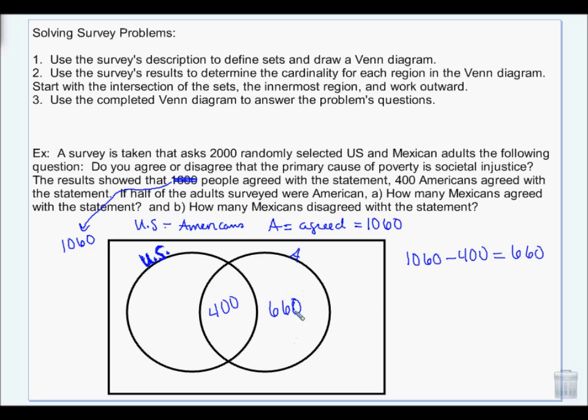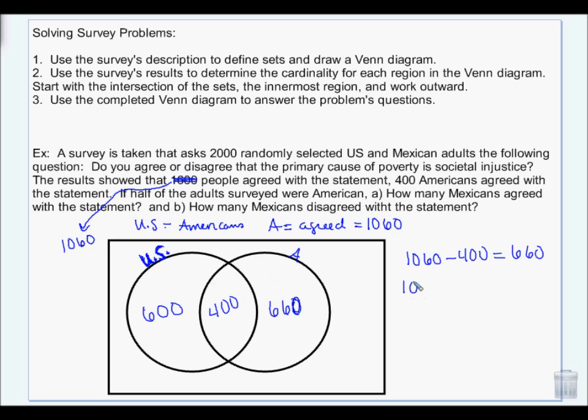Now here we have half of the adults surveyed are American. 2,000 are totally surveyed. Half of them are American, so that means 1,000 were American. 400 agreed. How many didn't? 600. Okay. And if these 660 that agreed are not American, they're Mexican, right?